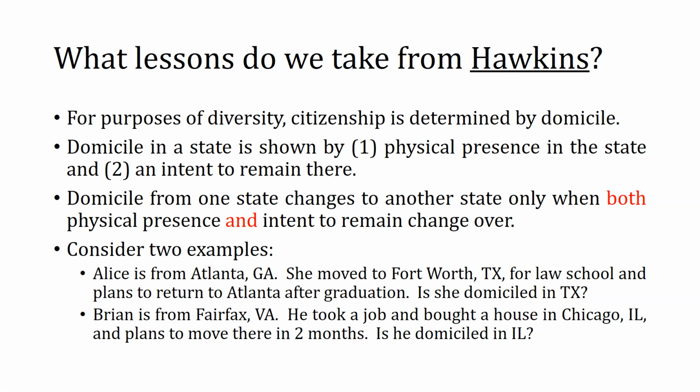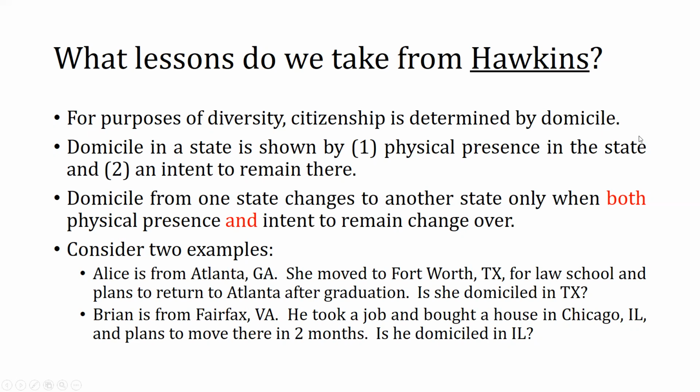In his heart, he is already, sort of, a Chicagoan, but he is not physically present there because he hasn't done that moving. He is not physically present until he actually leaves Fairfax, either by flight or by car, with the U-Haul attached and everything, and shows up physically in the state of Illinois. At that point, his physical presence will have caught up to his intent to remain in Illinois, and he will become domiciled there, but he's not domiciled there yet.